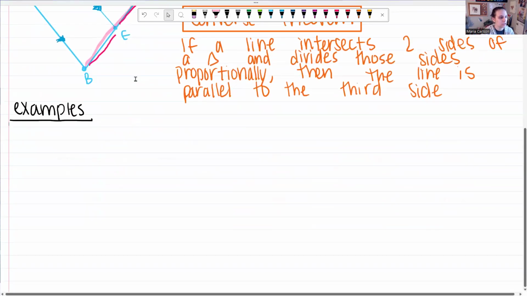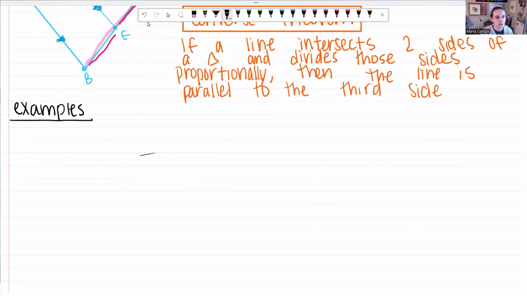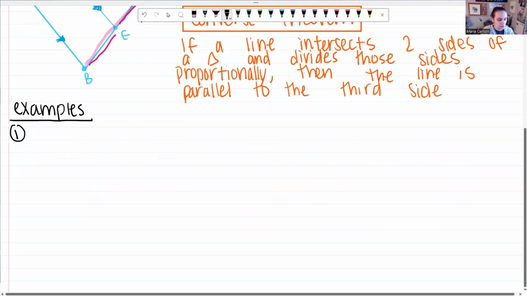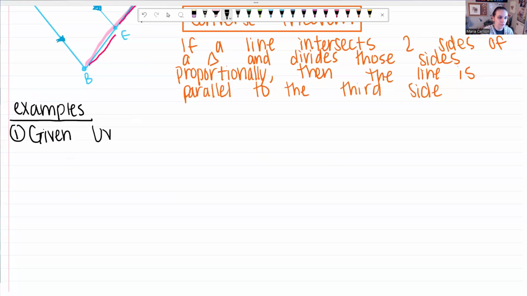So number one. Given that UW is parallel to YX, find UV. And this has an image. If you cannot print this out, no worries. Just draw it.